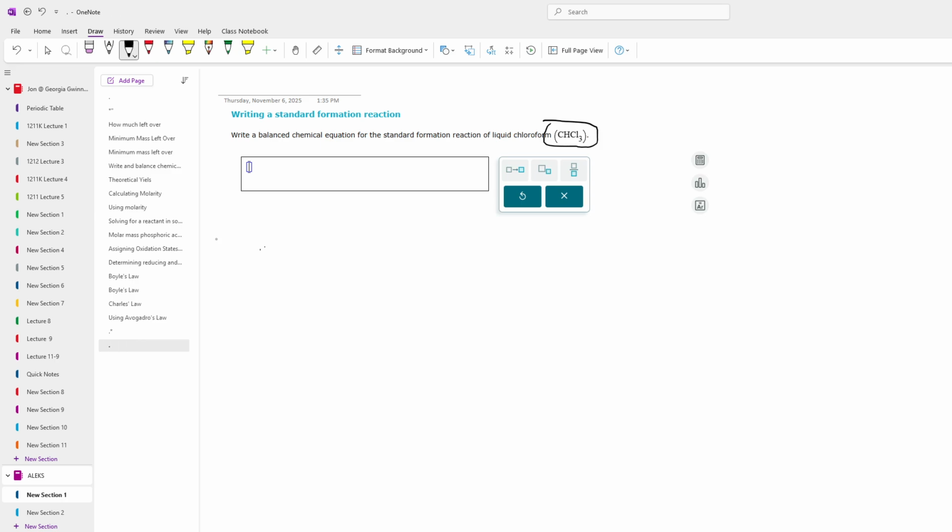All right, so we write things in their standard form. So carbon as a solid, that's part of this, plus hydrogen H2 as a gas, plus chlorine as a gas, and that is going to yield CHCl3, and that is going to be as a liquid in its standard form.